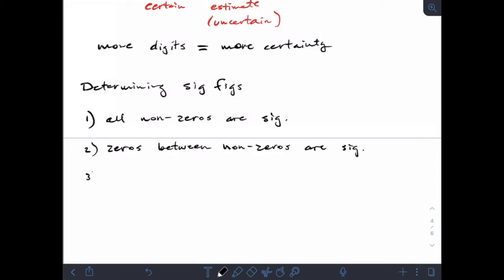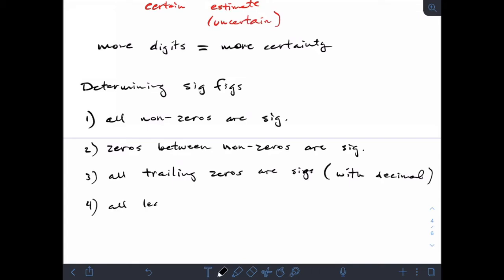The third rule is that all trailing zeros are significant, with one caveat, with a decimal place. And the fourth rule is all leading zeros are never significant.